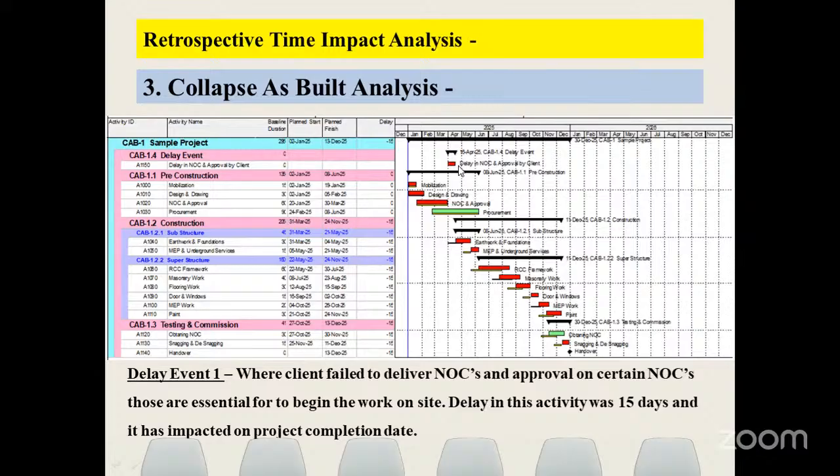So the first delay event is the delay in NOCs and approval, reflected on earthwork and foundations. The delay in this activity was 15 days, and it has impacted the project completion date.